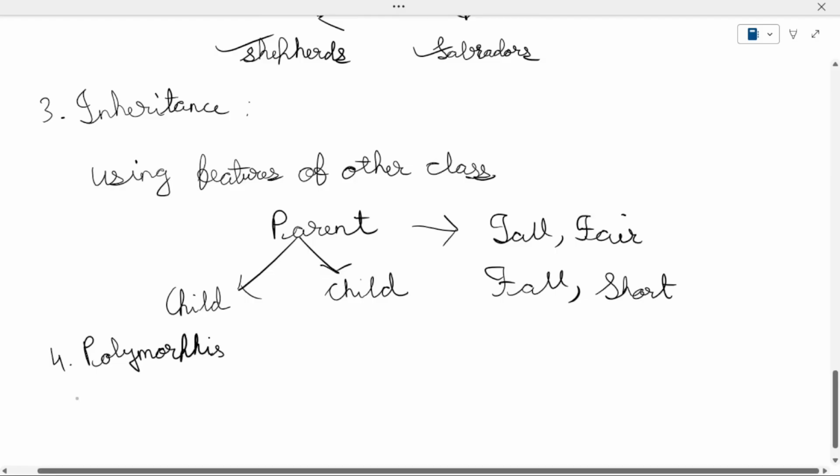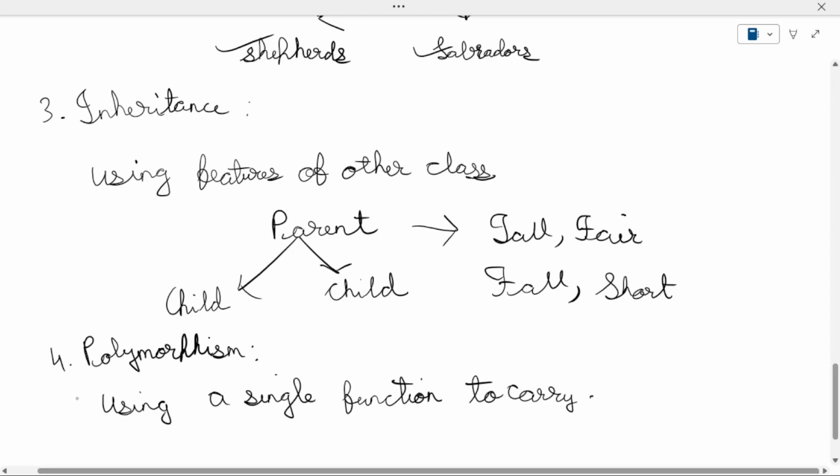Polymorphism: using a single function to carry out multiple tasks. This also promotes reusability actually.